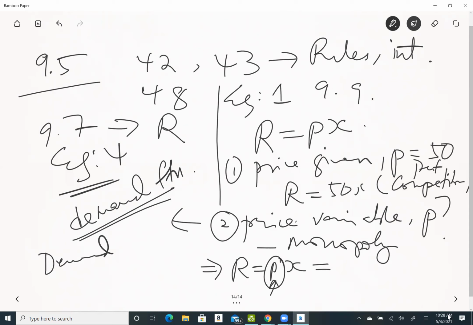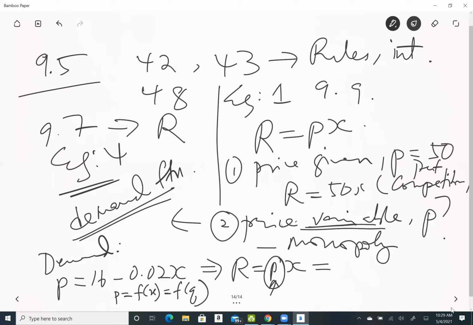Demand is equal to 16 minus 0.02x. Okay, so here the demand function is P as a function of x. Or we can use Q sometimes, depending on the book. So either we use X or Q, but the important thing here is the price is a variable. All right, so you have a monopoly market.